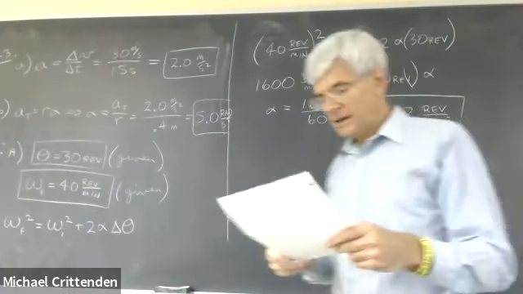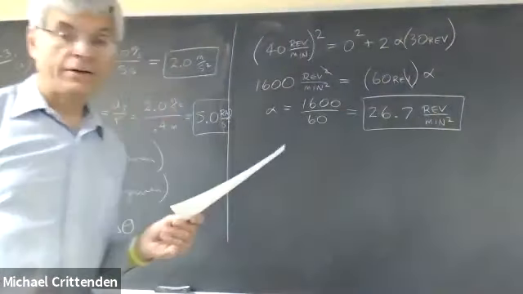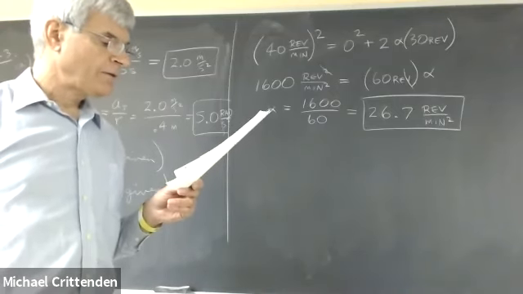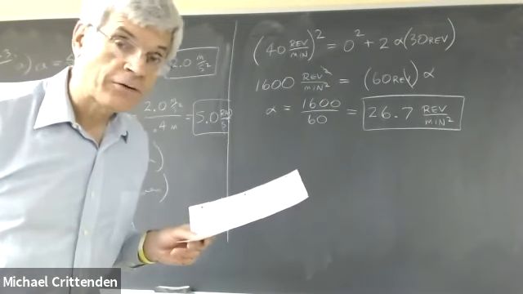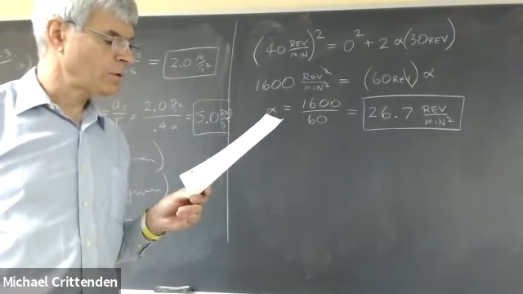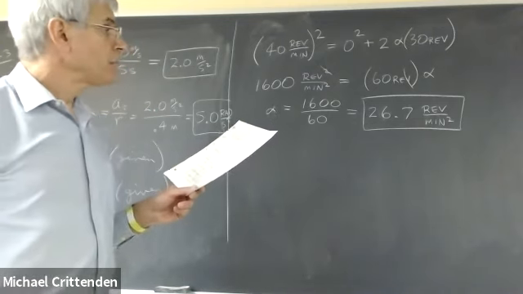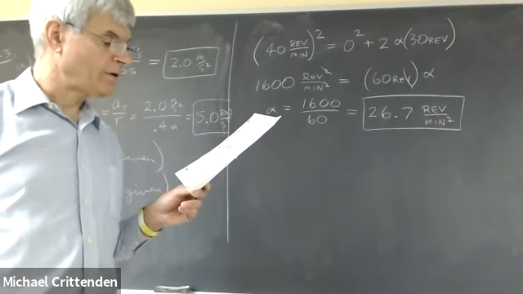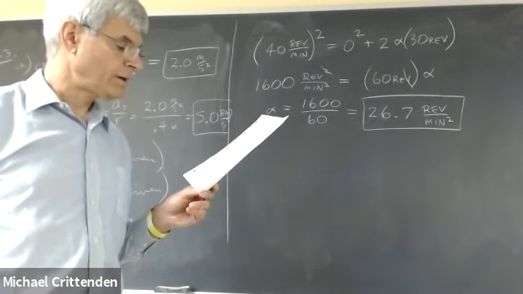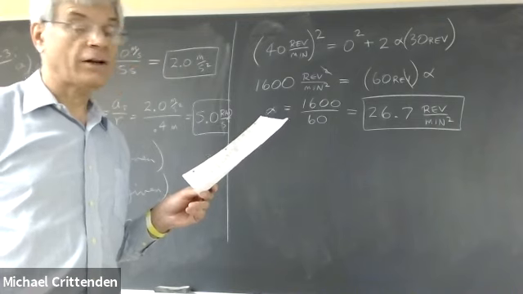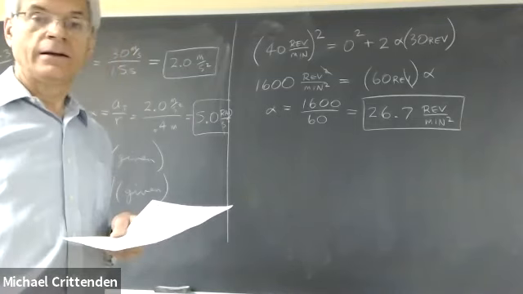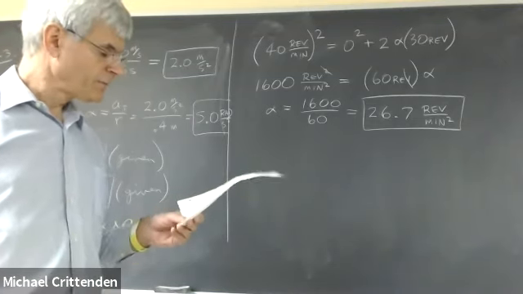Or I have the answer written here in several other combinations of units. If that's what you happen to work in, this is equivalent in revolutions per second squared. That comes out 0.00741. In radians per minute squared, it's 167. And in radians per second squared, it's 0.0465. So there's the answer to that in a wide variety of different units.